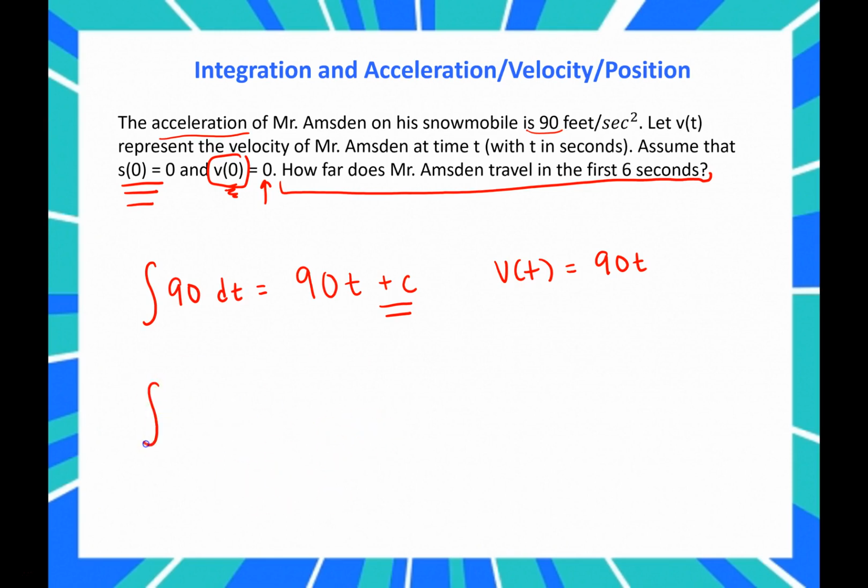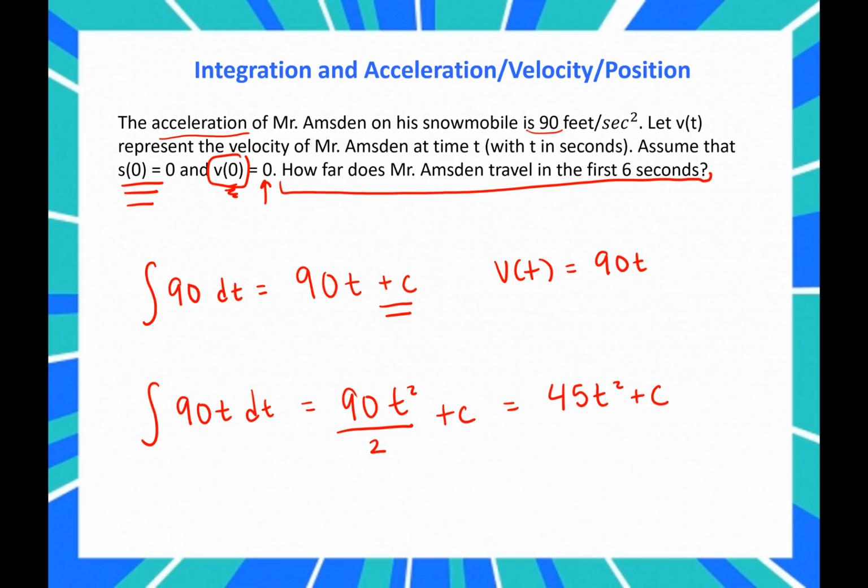So now I'm going to integrate my velocity function, 90t dt, and that's going to give me my position function. When I integrate this, I get 90t squared over 2 plus c, which is actually going to be 45t squared plus c.